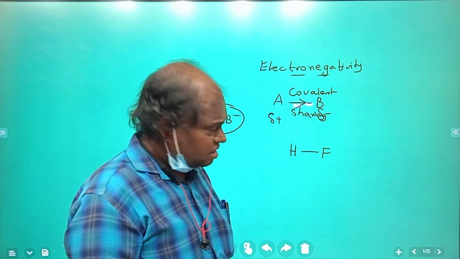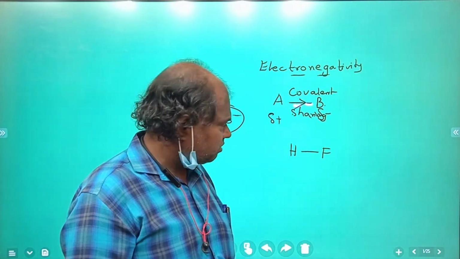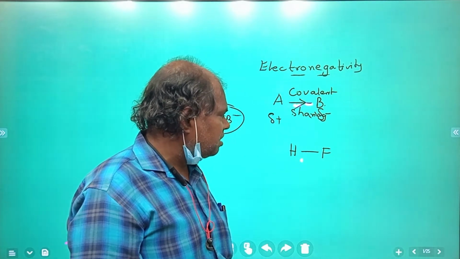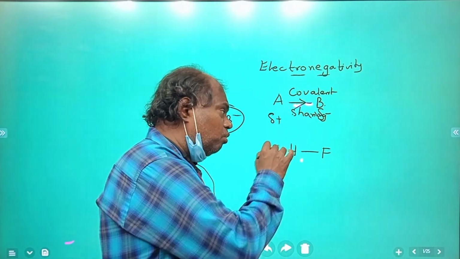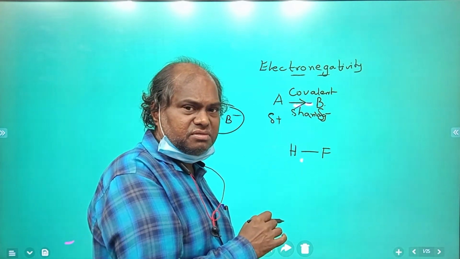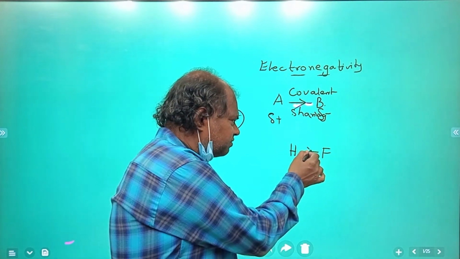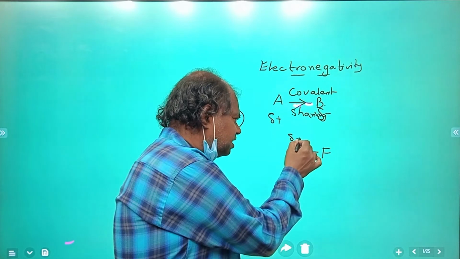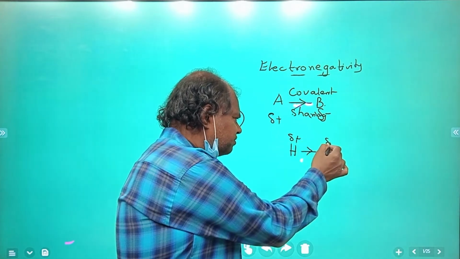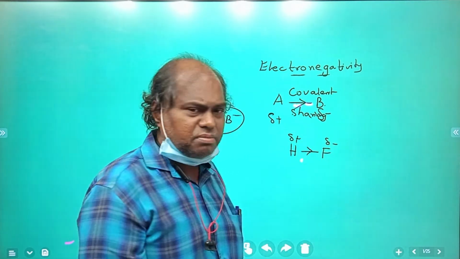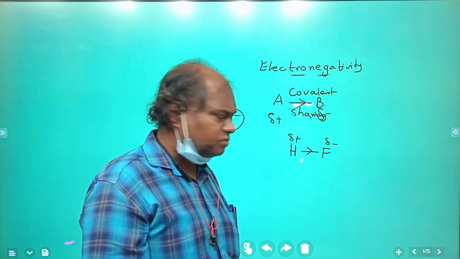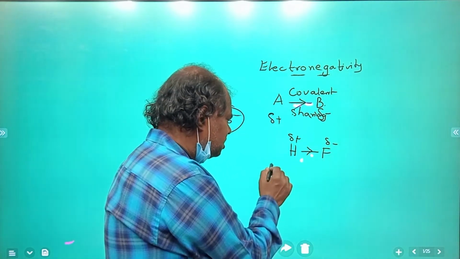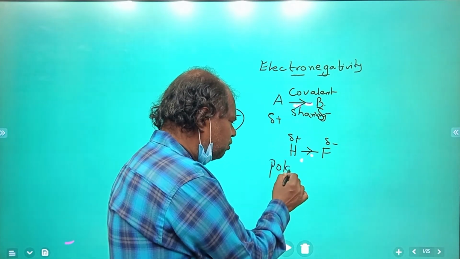It means that the shared pair of electrons, the two electrons which are shared, are spending more time with F compared to hydrogen. So as a result, H will get a plus sign and F will get a minus sign. So you'll get plus and minus, right? Fine, students. So there is a charge developed in the molecule. Such types of molecules are called polar molecules.